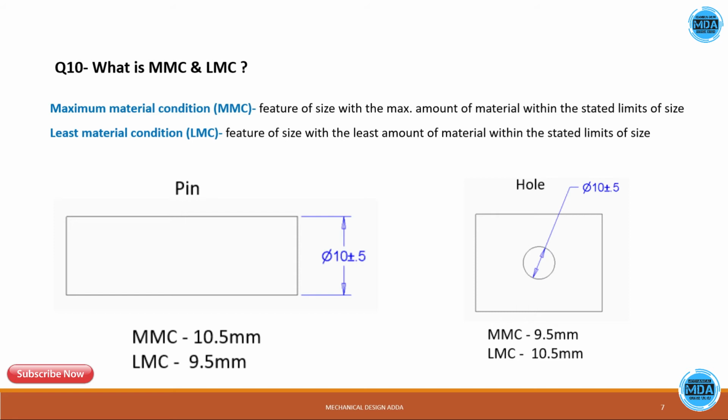So the maximum material condition for the hole is 9.5 diameter. And similarly the least material condition for the hole is 10.5, the larger diameter of the hole.